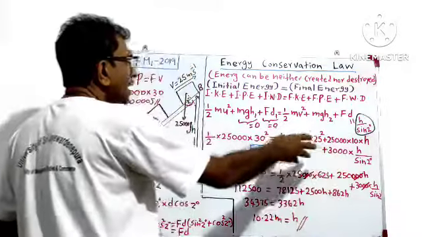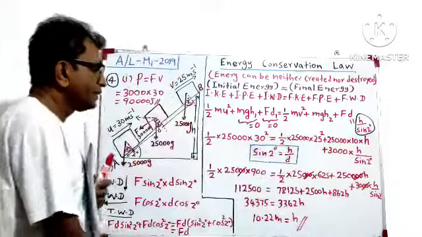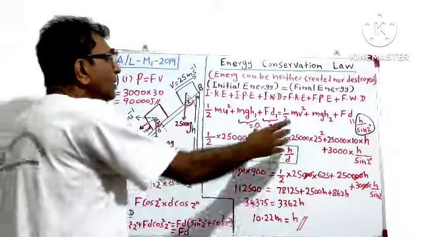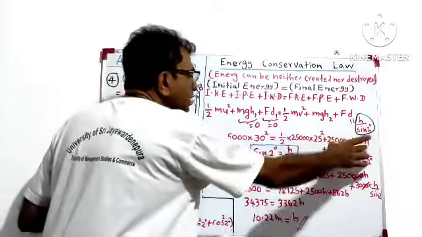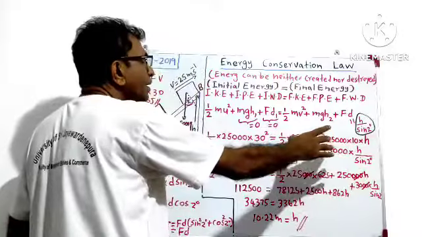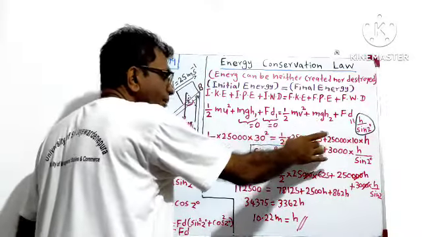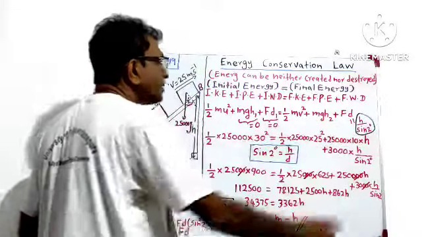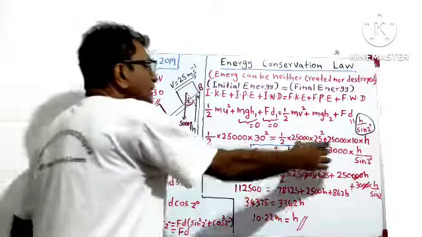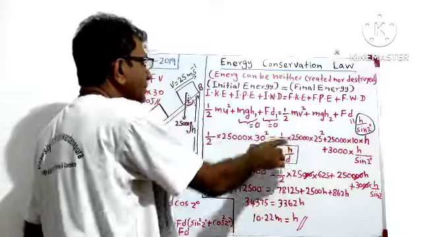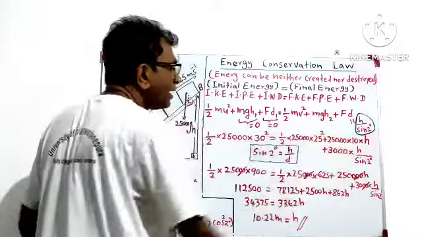Now the addition of these energies on the right side: the final kinetic energy plus potential energy plus the energy due to work done. So 3000 multiplied by D, which is h divided by sin 2.